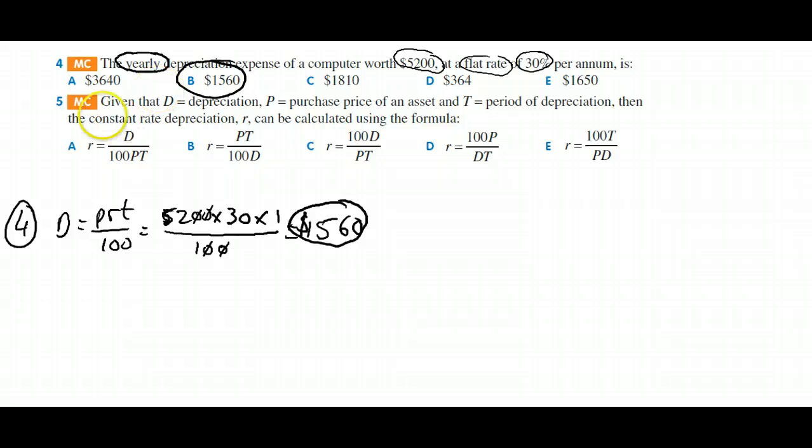In question 5, we've got, given that D equals depreciation, P equals purchase price of an asset, and T equals period of depreciation, then the constant rate depreciation R can be calculated using this formula.